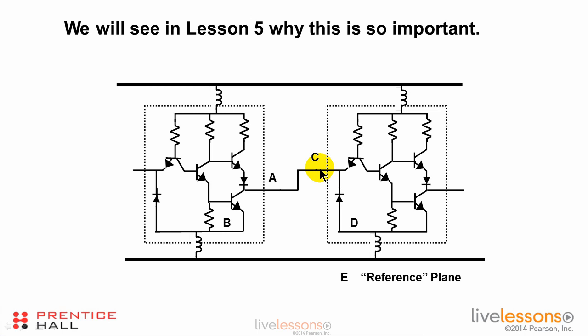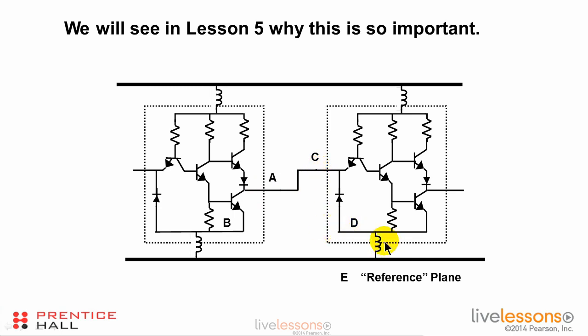Now, what we want to know at C is: is this going to be recognized as a logical 0? Well, that depends on the voltage at C with respect to D, because that is the reference for the input, just as B is the reference for the output. So we will know we have a logical 0 if the voltage between C and D is 0.